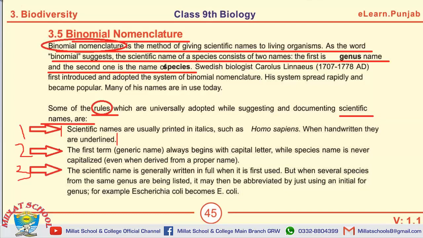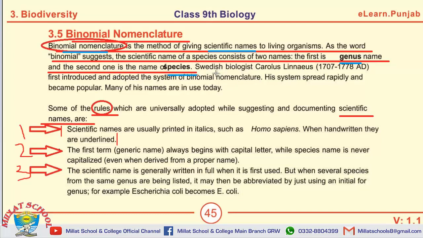The first one is from the definition of binomial nomenclature, and that is: binomial nomenclature is the method of giving scientific names. The first name is of the genus, while the second name is of the species.